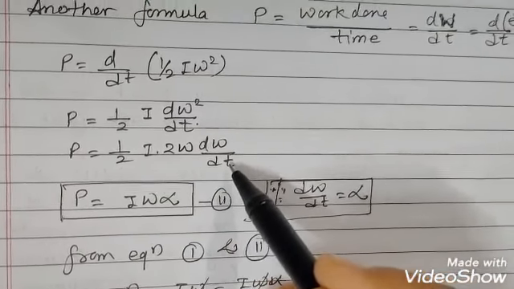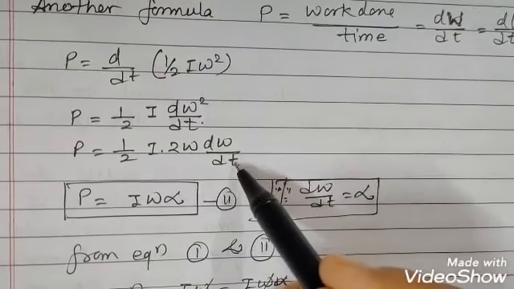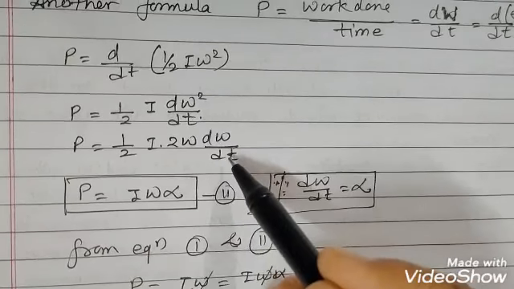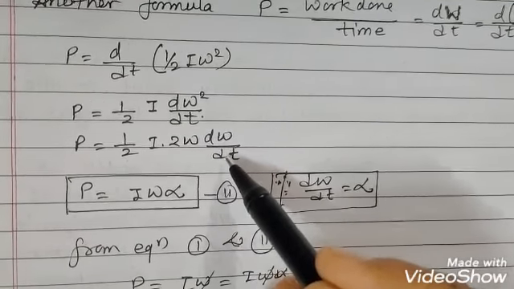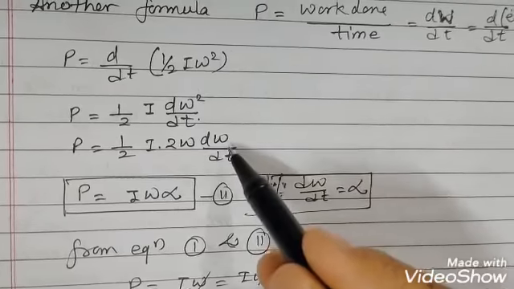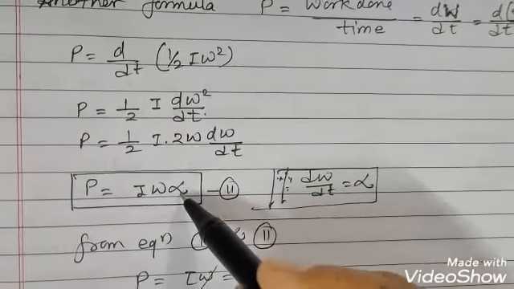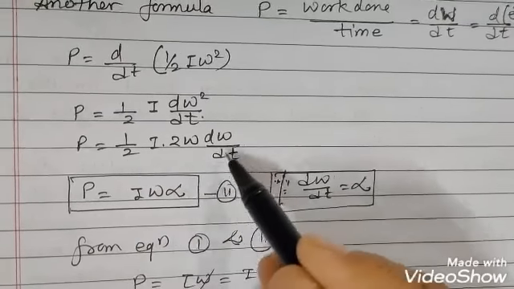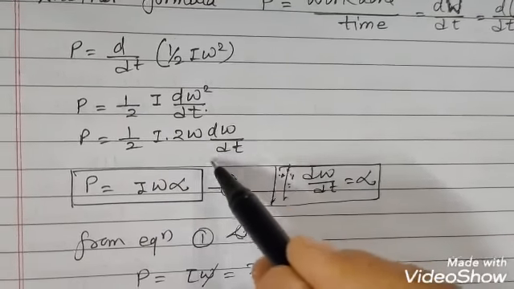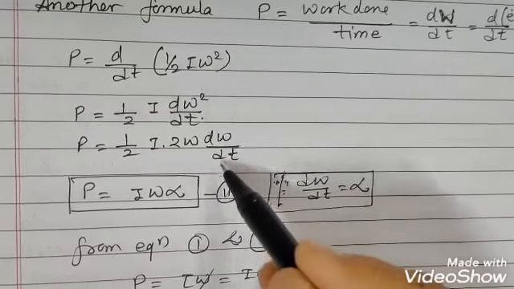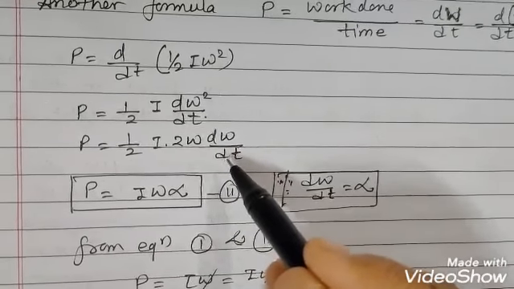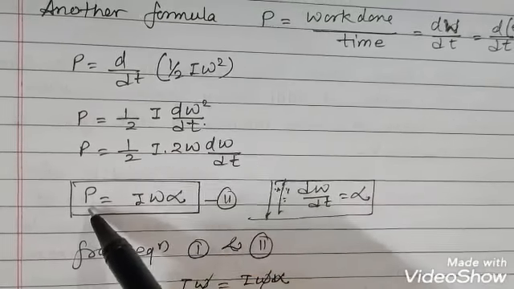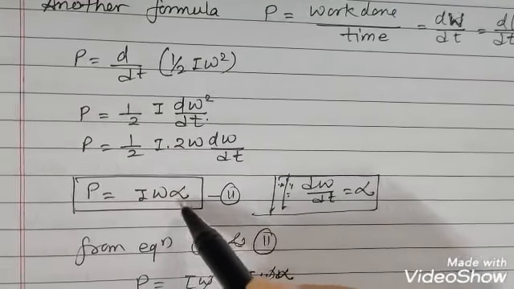That is the rate of change of angular velocity, which is the angular acceleration, denoted by the letter alpha. So d omega upon dt is replaced by alpha. So power is equal to I omega alpha.